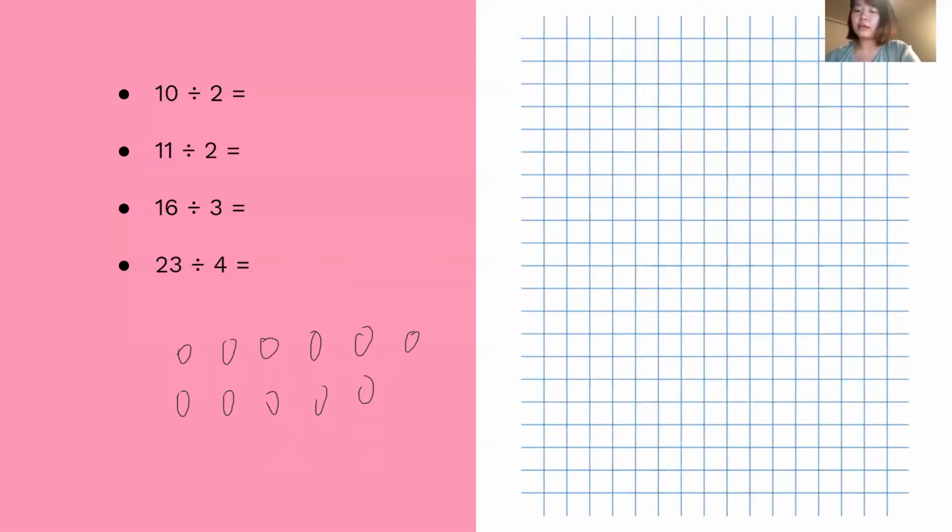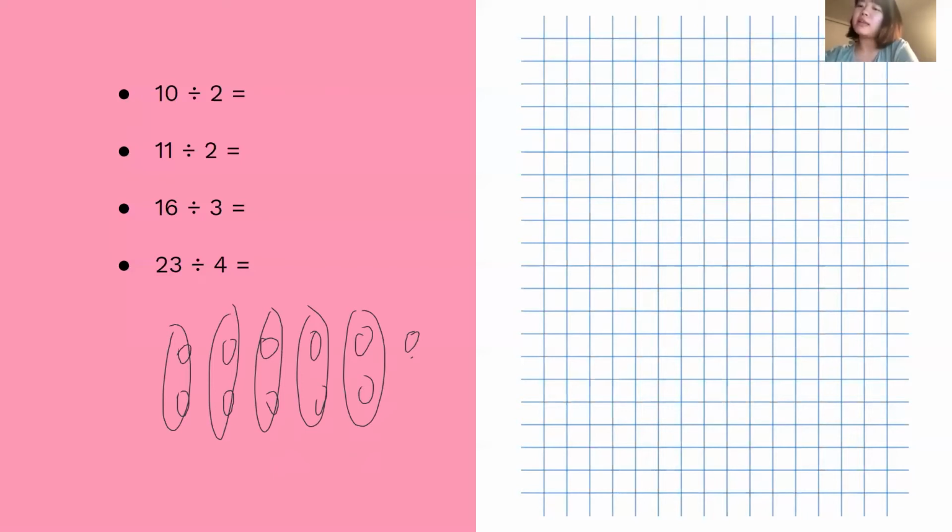Okay, and let's circle 2 dots together. So 1, 2, 3, 4, 5. And we already have 5 groups. And for this dot, we don't have another dot to pair with it. So we say this is a remainder 1. And how many groups? 5. And we can say the quotient is 5.